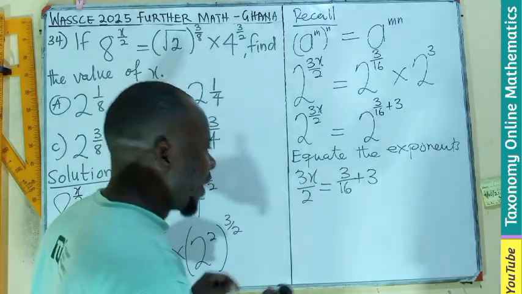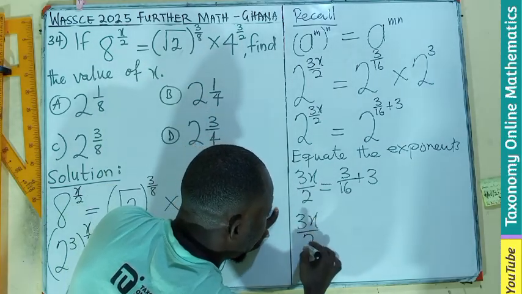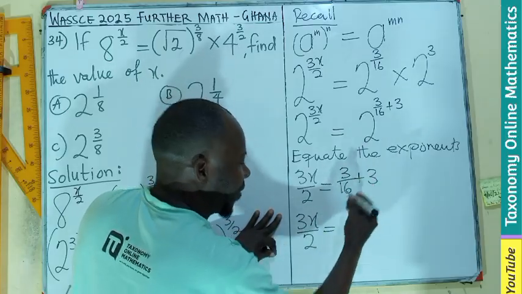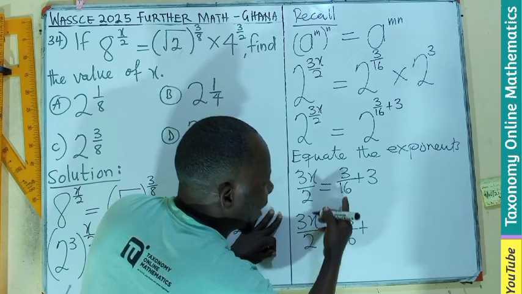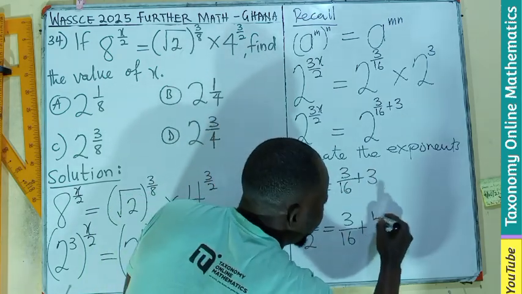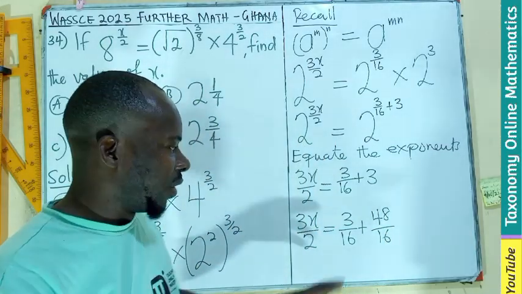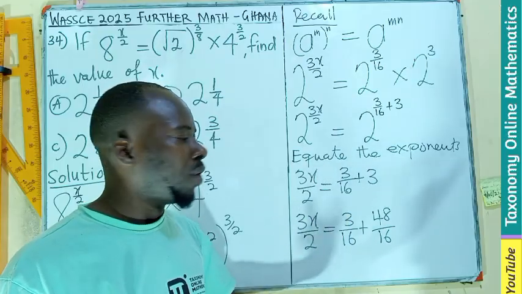Now, I can have this as a linear equation. Let's see, we have 3/16 plus, if you multiply this, you should have 48 still divided by 16. 48 divided by 16 gives you 3. So I'm only making it to have the same denominator.